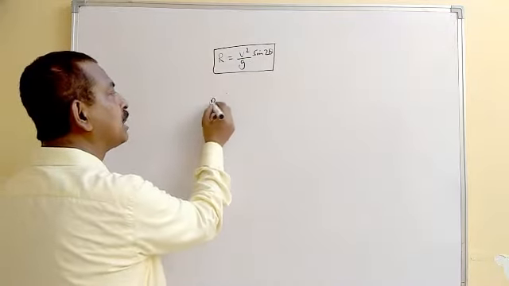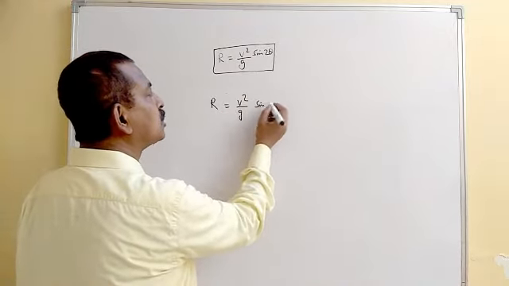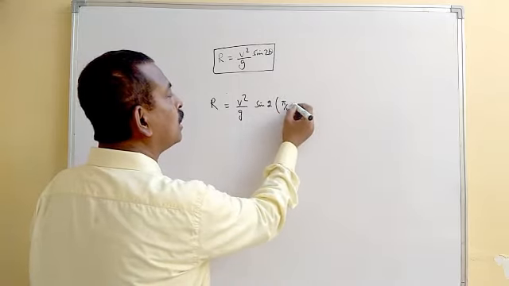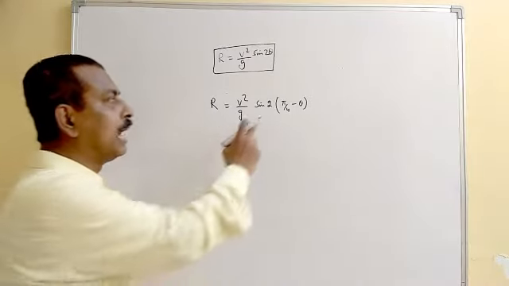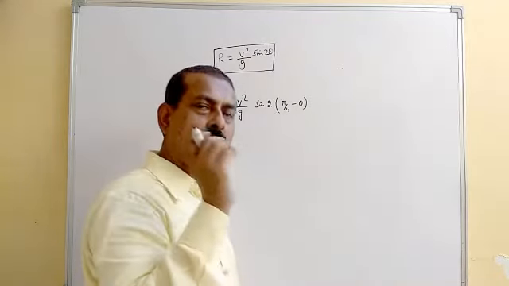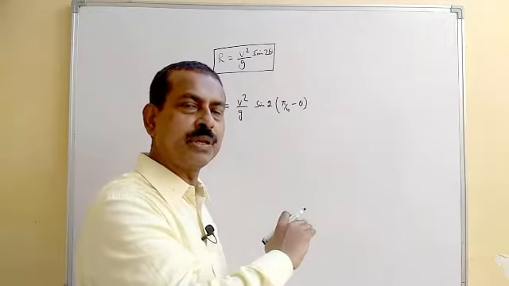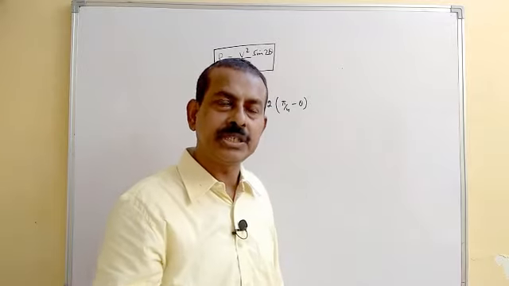Suppose we have the range R, which is v square by g times sine of 2 times pi by 4 minus theta. Here the angle of projection we have taken is theta less than 45 degrees. It may be 45 degrees minus 5 degrees, or 45 degrees minus 10 degrees.